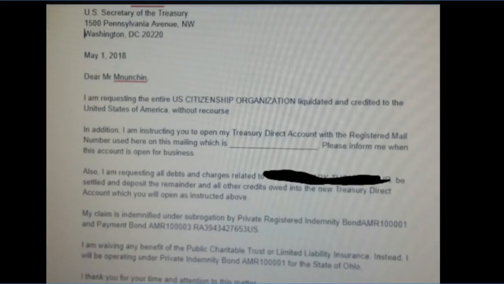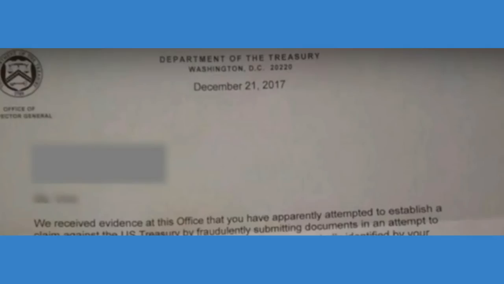If this letter is forwarded out, you are going to receive a letter back that looks like this. It will have the seal of the Department of Treasury on it, and it will look very similar to the one in the video that I am using as an example here, in order for you to see what it is that you would be getting.